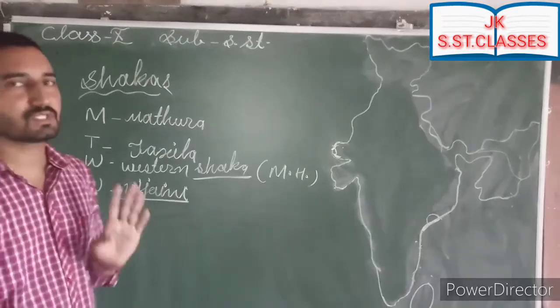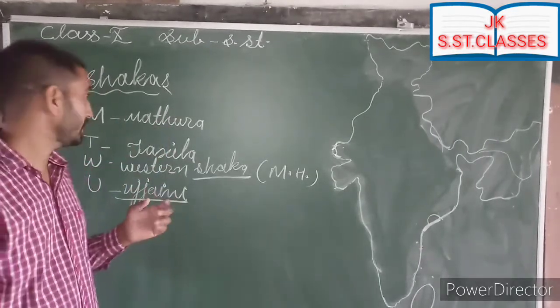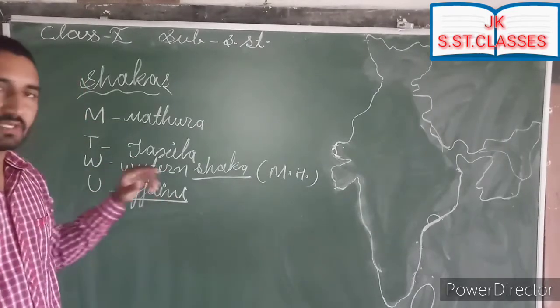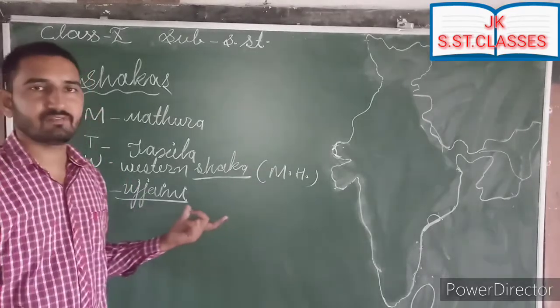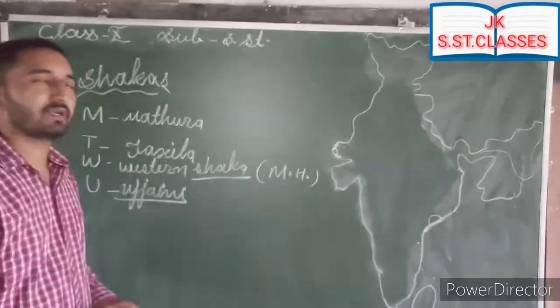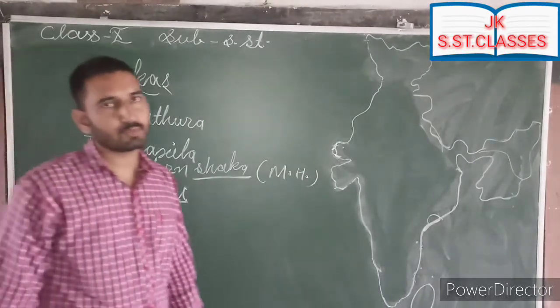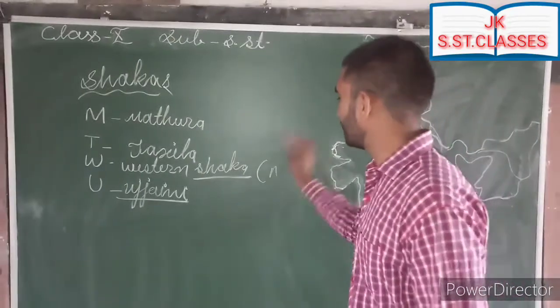So 4 branches were there related with the Shak tribes: Mathura, Takshila, Western Kshatrap or the Shakas of Maharashtra, and the Shakas of Ujjain. Here we are going to discuss all these branches one by one. First of all, we are going to discuss the Shakas of Takshila.